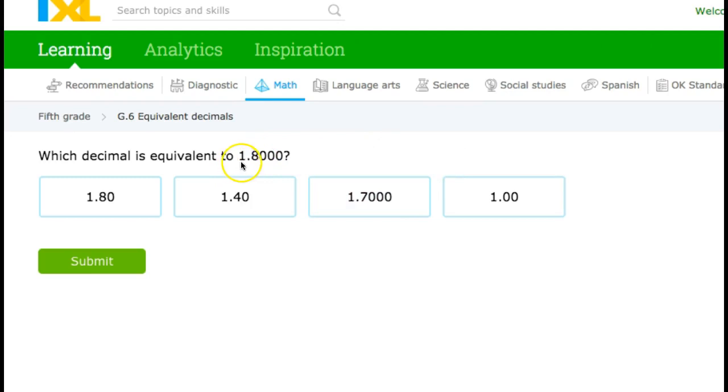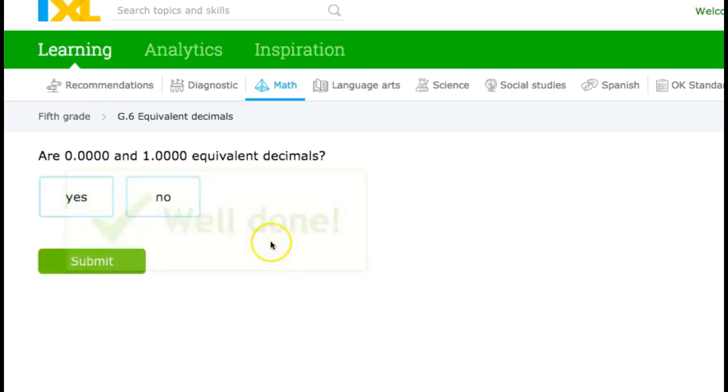I can tell by comparing just the ones in the front, oh, they're all going to have 1 to the left of the decimal. Then I go to the right, which has the 8. Here's the 8, that could be it. Nope, too low, definitely not. So here, these are actually equivalent. I could, again, add a couple more zeros behind there just to compare apples to apples. So that's how you're deciding if decimals are equivalent.